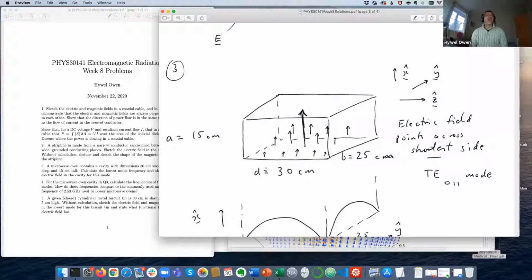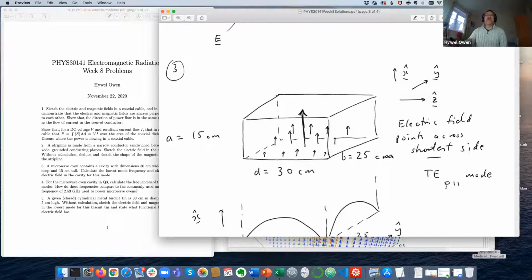And the other part we said is that in order to have a standing wave formed, there are three mode numbers. And remember, the mode numbers are the number of half sine waves which are made across each of the three directions. So you can see the labeling here, 0, 1, 1.